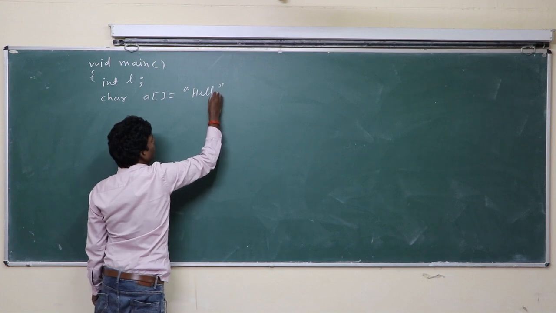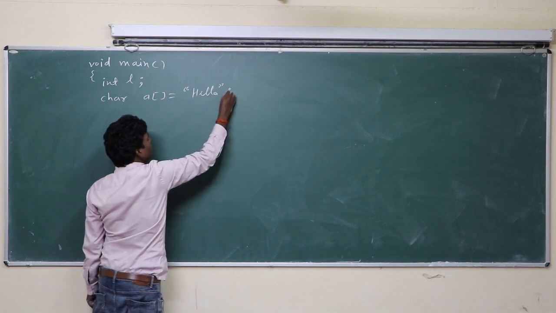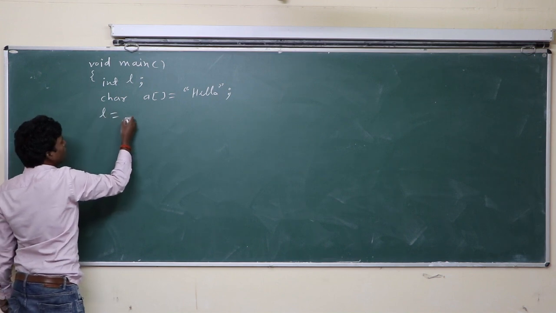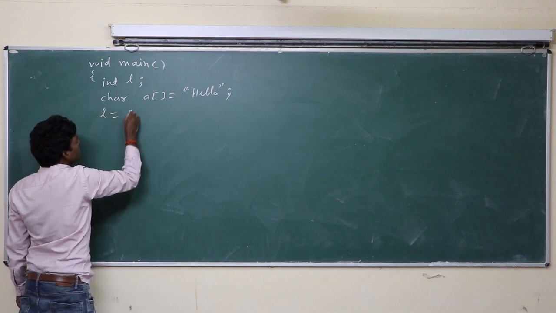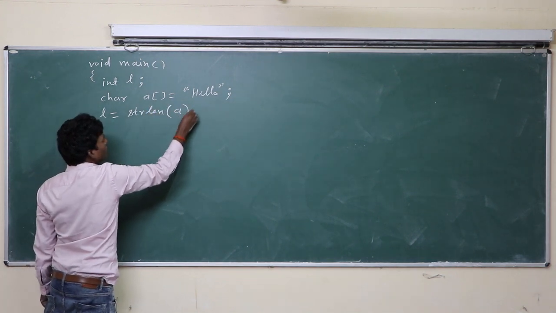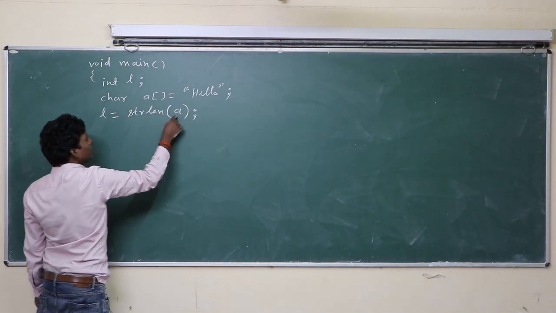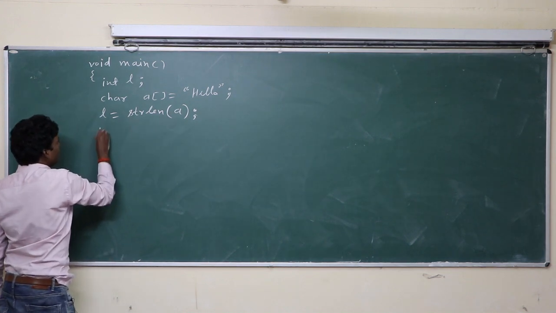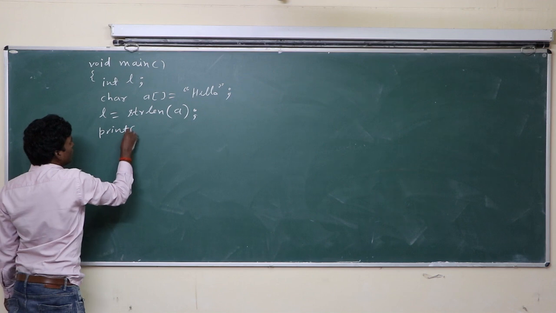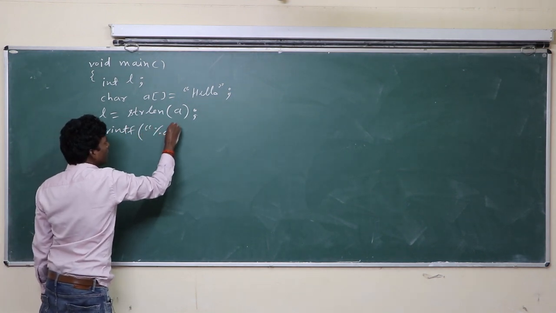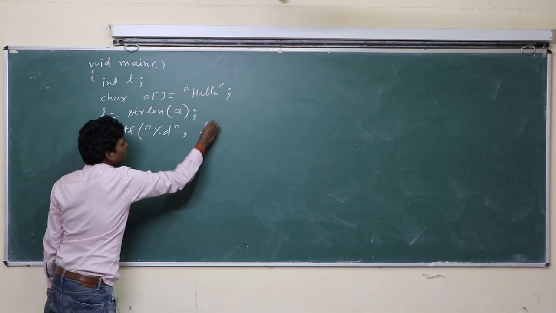This is the hello. l equal to strlen a. You supply a in this bracket, strlen a. Printf %d l.